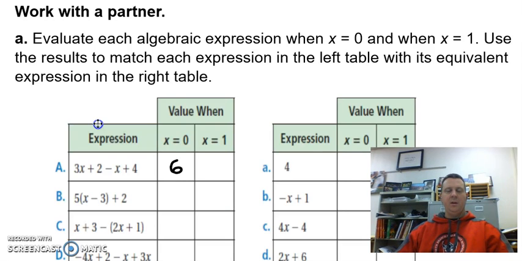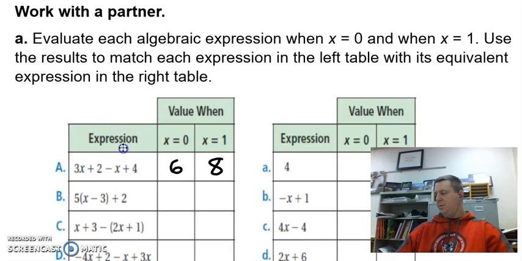If I did the same thing with our value being 1: 3 times 1 is 3, plus 2, minus 1, plus 4. So 3 plus 2 is 5, minus 1 is 4, plus 4 is 8. Remember that you need to follow the order of operations. You might see that in this problem as well, when you have that grouping symbol of x minus 3.